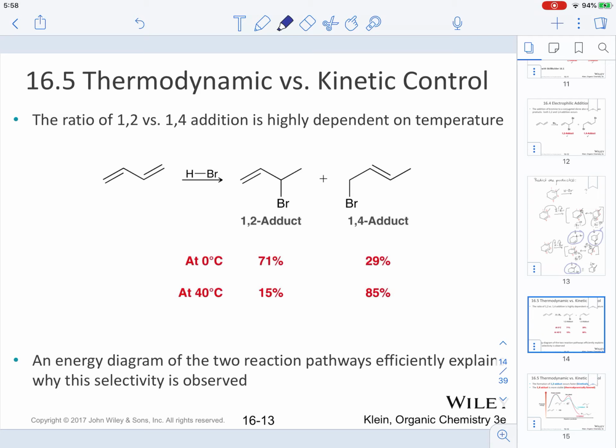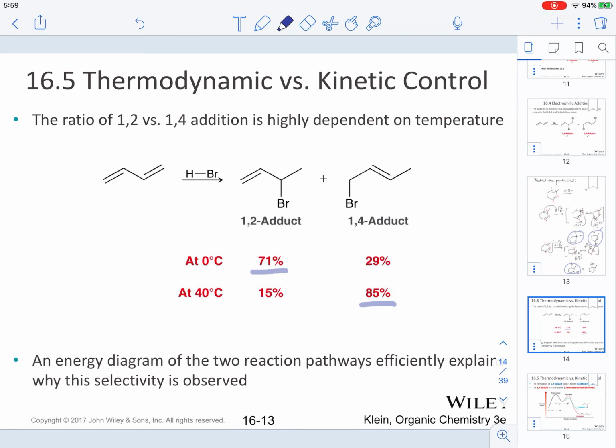It has been observed in the laboratory that when this reaction is run at 0 degrees, there's going to be more of the 1,2 adduct in the product compared to the 1,4. Now, if the reaction is heated to 40 degrees Celsius, as you can see, there's going to be a higher concentration, or a higher number of moles, of the 1,4 adduct.